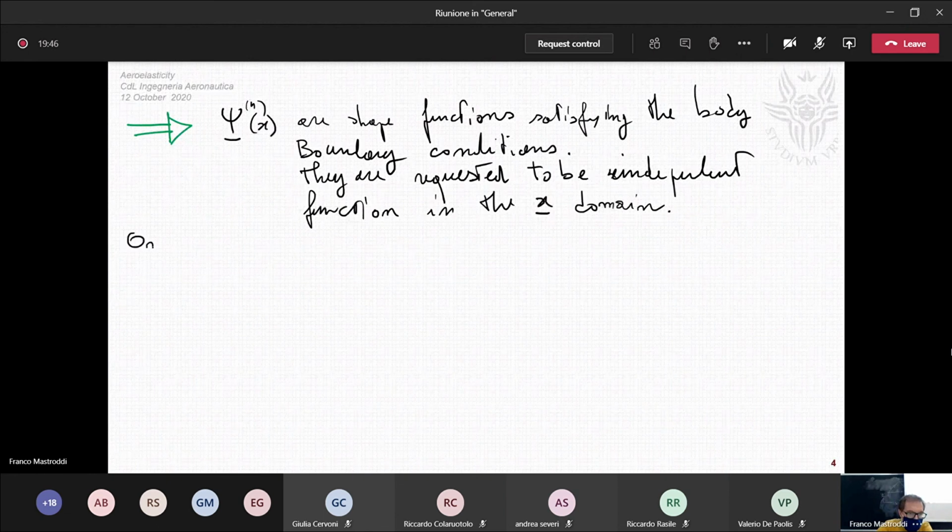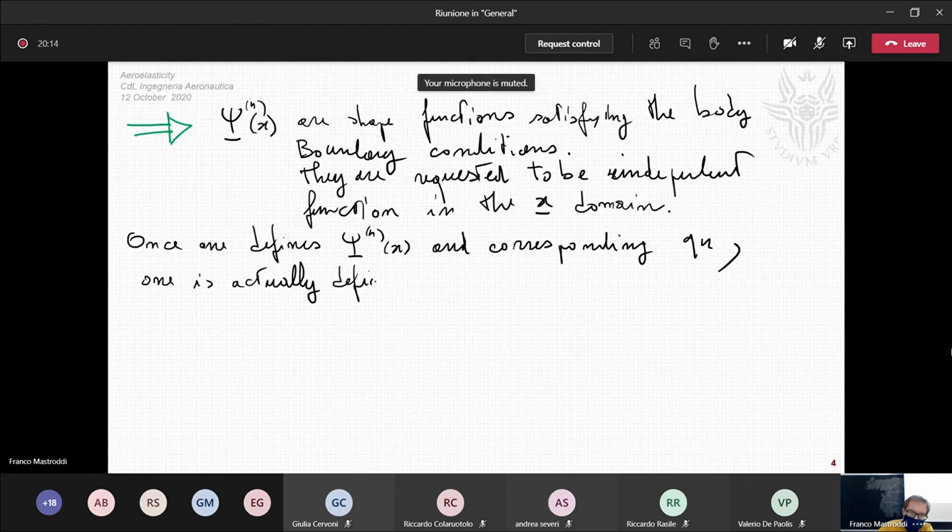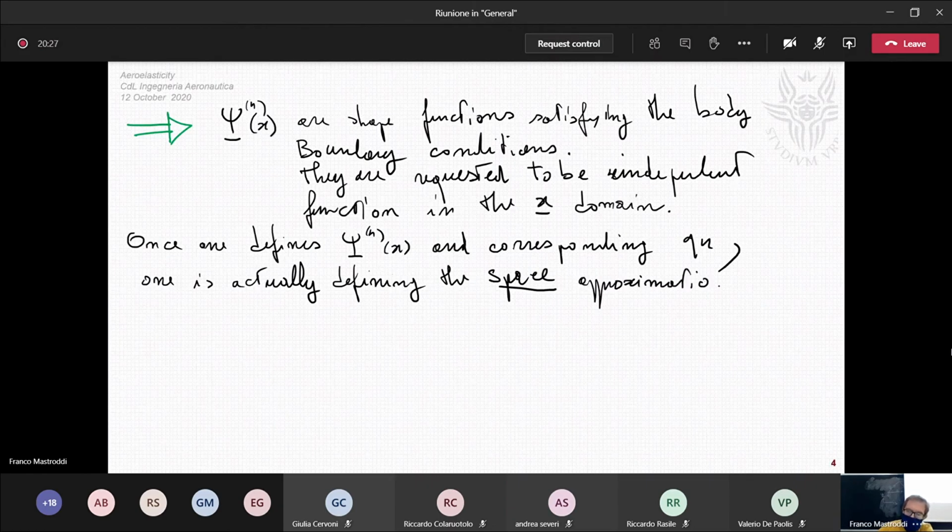In fact, once one defines psi n of X and corresponding Qn, one is actually defining the space approximation of the structural problem.